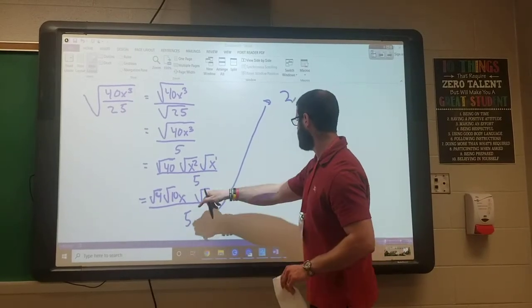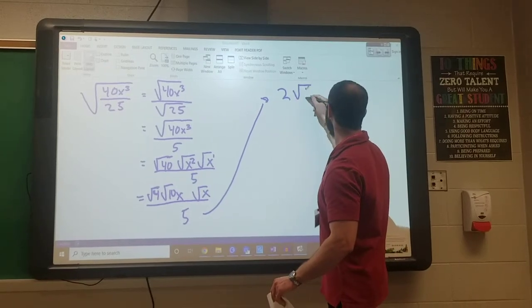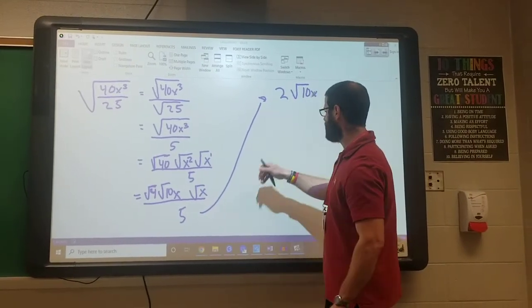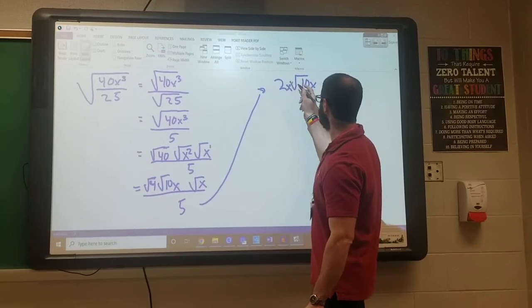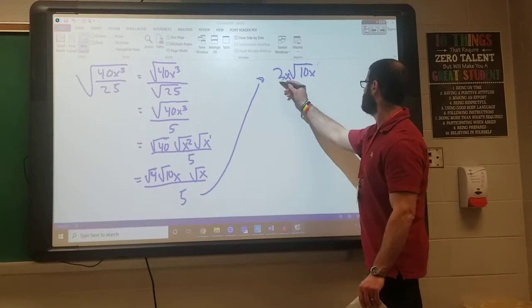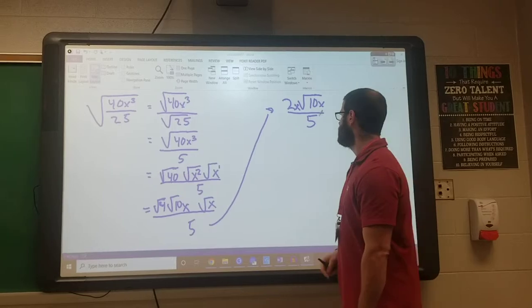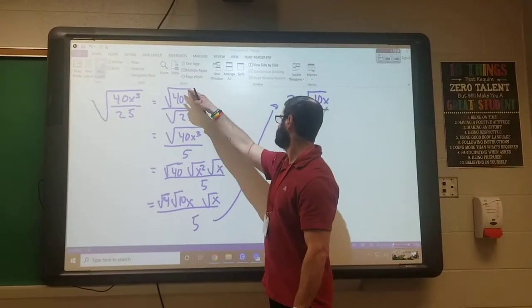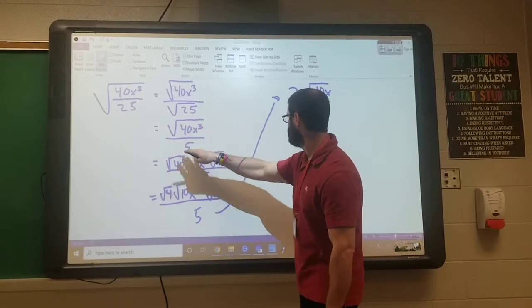So I can rewrite this as 2, square root of 10 times square root of x is square root of 10x, and then I'm just also left with an x, so I can just throw the x in front here. So 2x square root of 10x, and then on the bottom, I'd be left with 5, okay? So again, split it up into the square root of the numerator, square root of the denominator. Square root of 25 is 5.